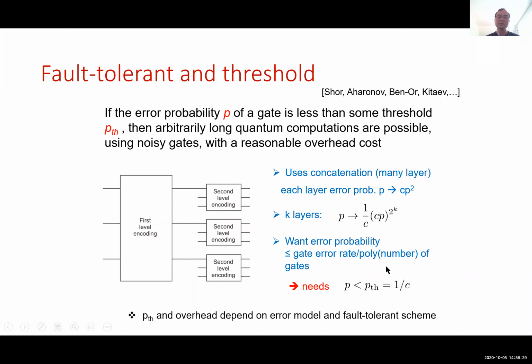So that's probably the most important thing in quantum error correction: there is a finite threshold. As long as we can make our physical device have an error rate smaller than the threshold, then we have fault-tolerant quantum computation. This is the work of many people, Shor, Aharonov, etc., who contributed to this.